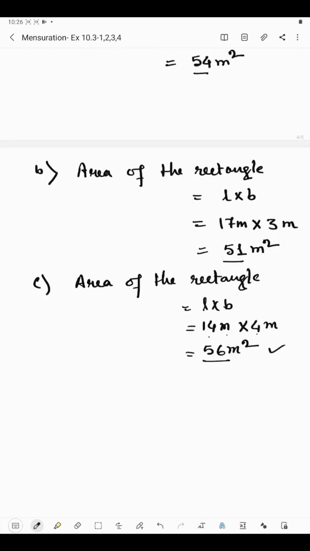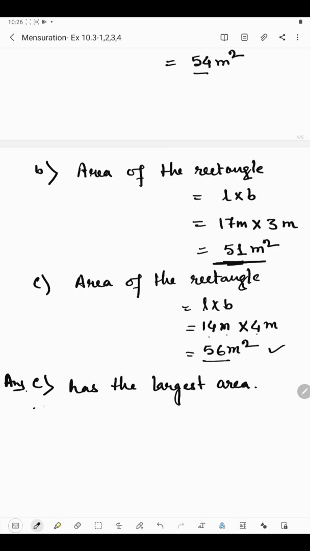So we will write C has the largest area, and 51 is the smallest among these, so we'll write, and B has the smallest area.